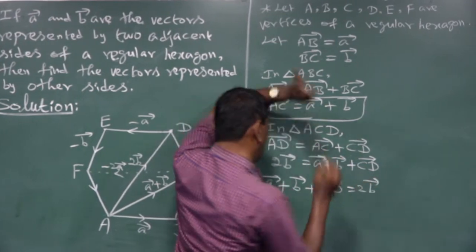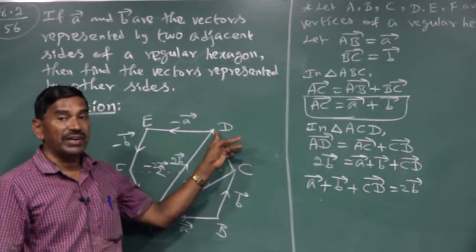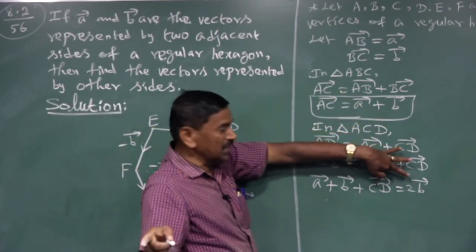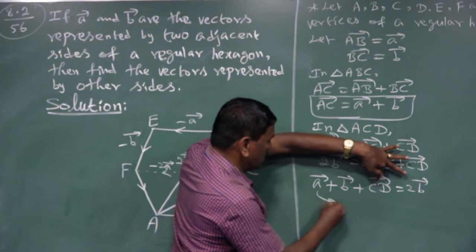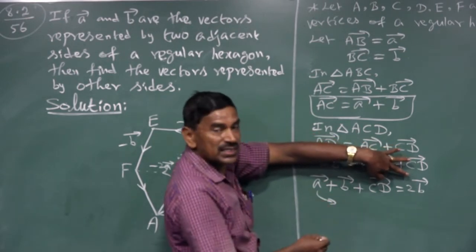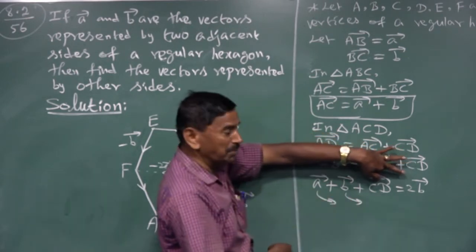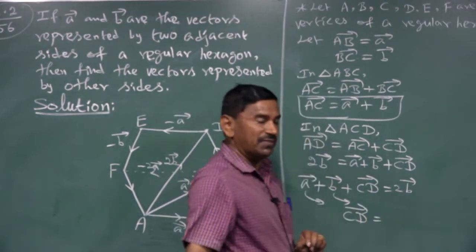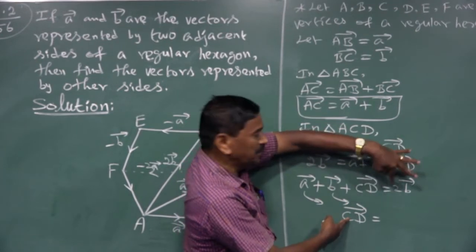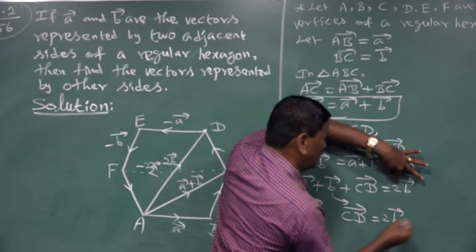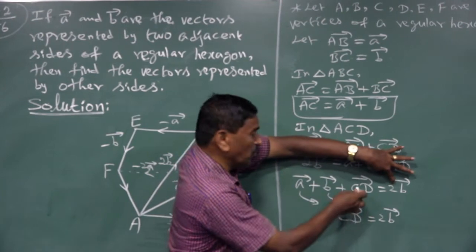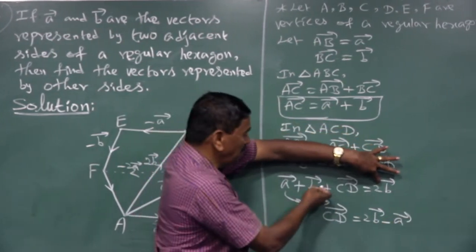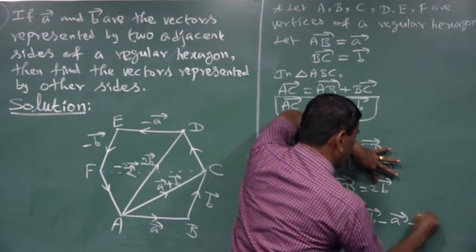Good. Now I want to make CD vector equal to something. So what is the simplification? Very good. A vector goes to the right, becomes negative. Next, B vector goes to the right, minus B vector. CD vector on the left side itself. CD vector equal to 2B vector minus A vector minus B vector.